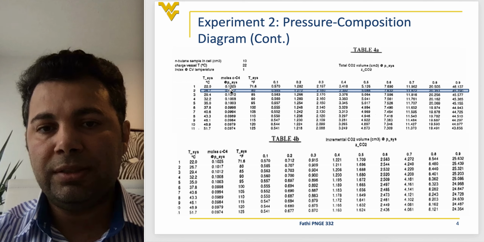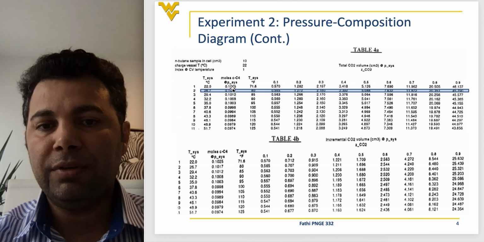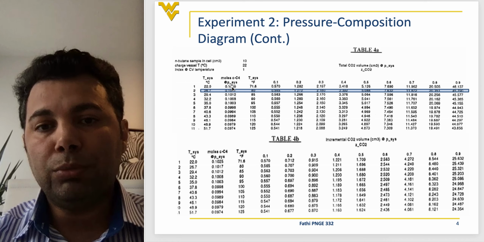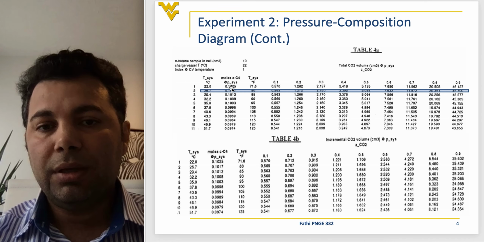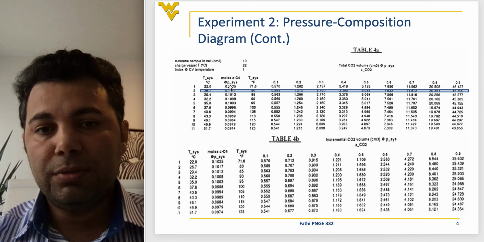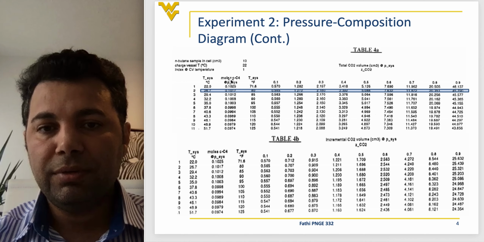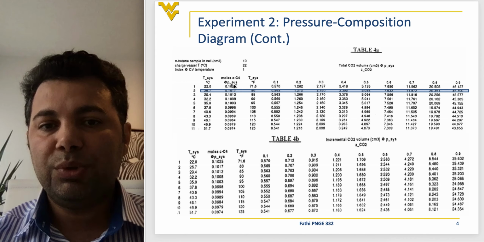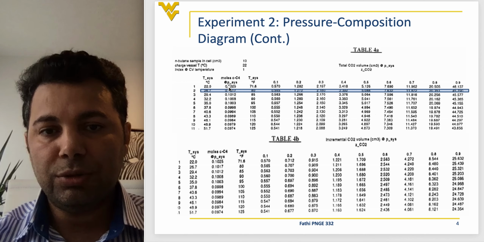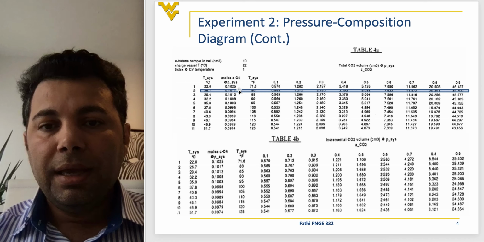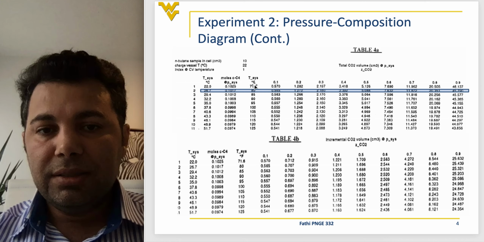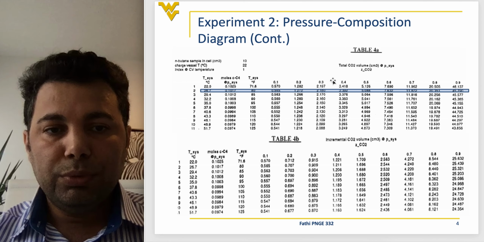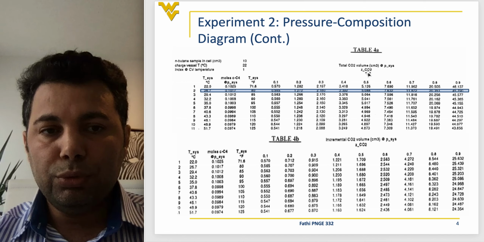Let's say this is 0.1025 pound moles, or moles. 0.1025 moles of N-butane is present in that cell. I'm not going to change that, so this is a fixed number. If I'm going to do the experiment at this temperature, 71.6, these numbers 0.1, 0.2, 0.3, all the way to 0.9, are the mole fractions of CO2.